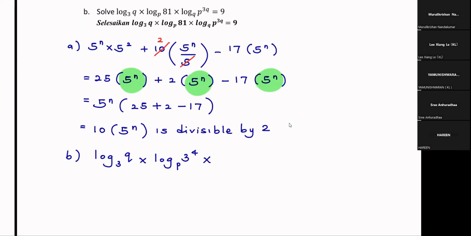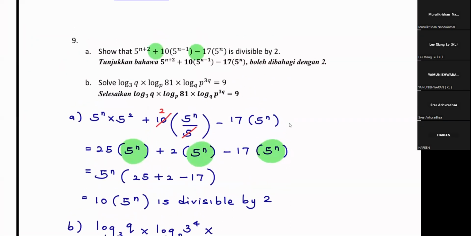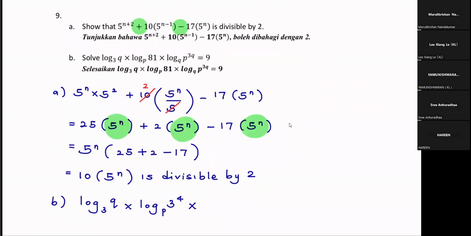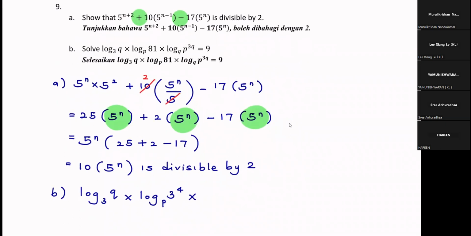Sir, for the question A, can go back? I give like 2 bracket 5 to the power of n plus 1? 2 bracket 5n plus 1. Yeah, sir. Which one is the simplest form, sir? For exam, which one we should write, sir? Okay, listen. They never asked you to give answer in that direction. They ask you to show that it's divisible by 2.